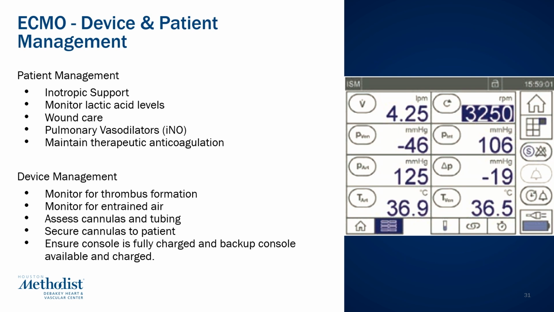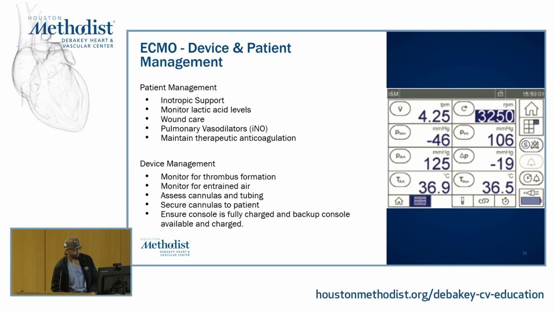So you want to make sure that you're monitoring their lactate levels, inotropic support, vasodilators if needed, and maintaining therapeutic anticoagulation. That's very important on patients with ECMO versus standard MCS devices, because when you add that oxygenator in, you're adding a lot more resistance into your circuit, which slows down your blood flow and can lead to more clot formation.